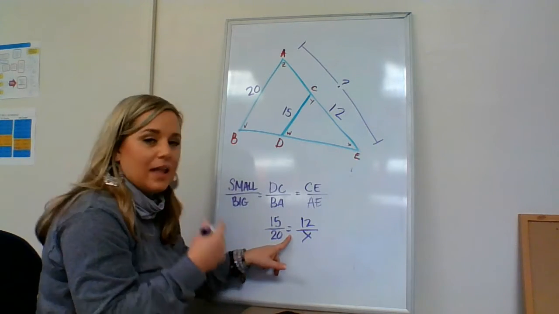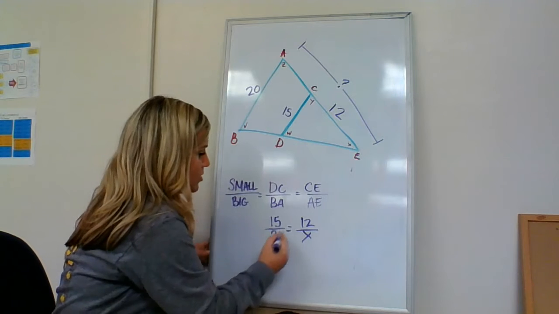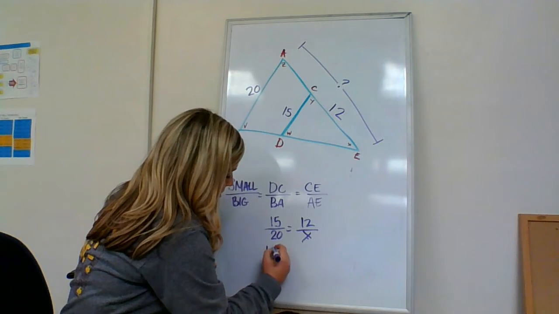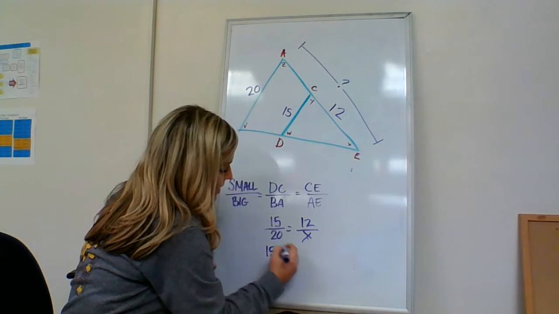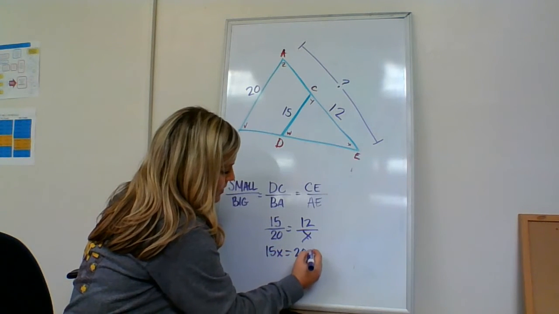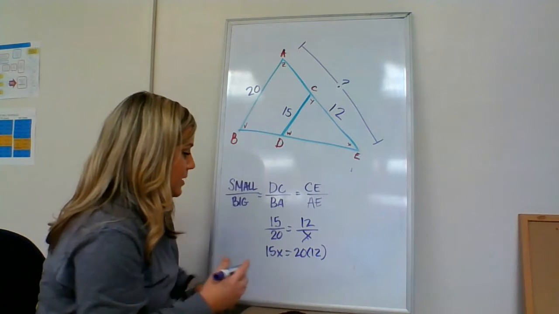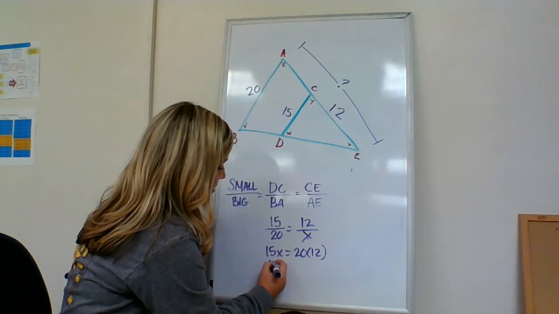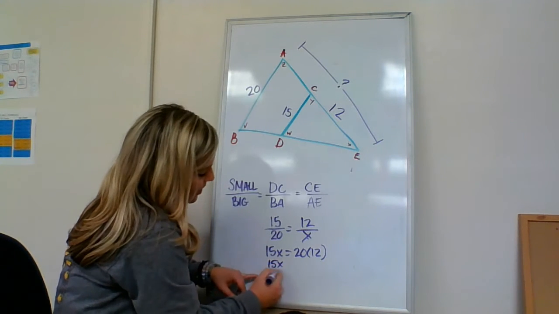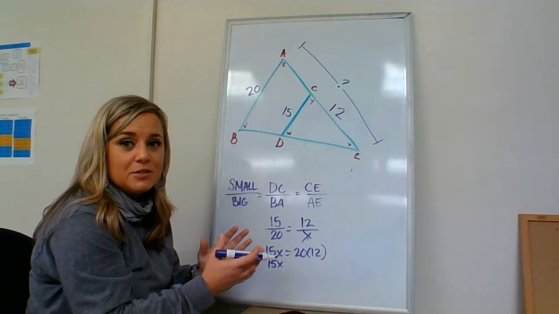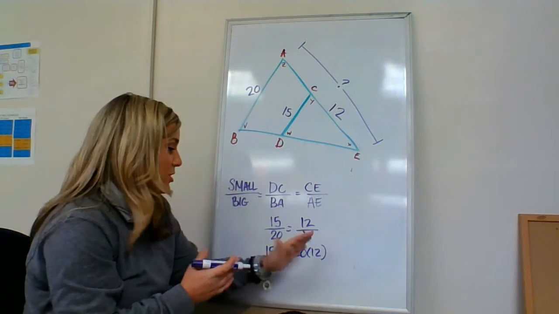All right, so let's set it up. We'll start with this. We'll do 15 times X. So 15X is going to be equal to 20 times 12. I can't just divide by 15 over here and then divide by 15 over here and make it pretty, so I'm just going to go ahead and multiply.